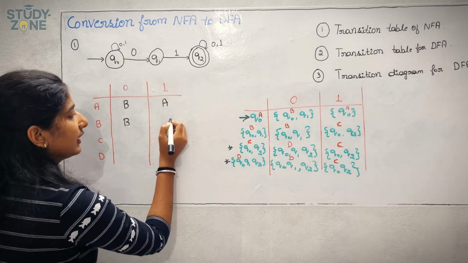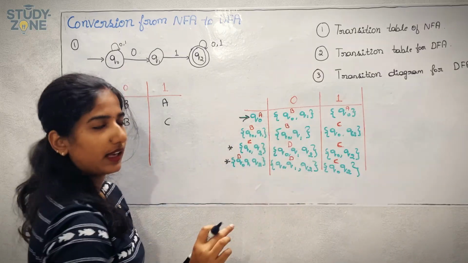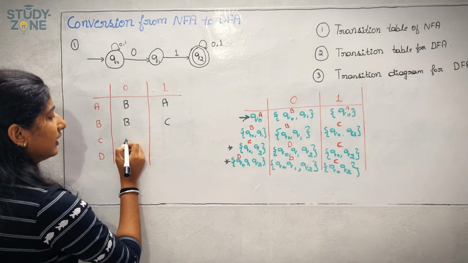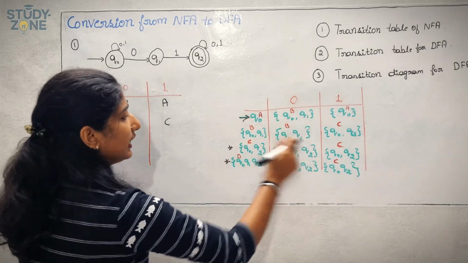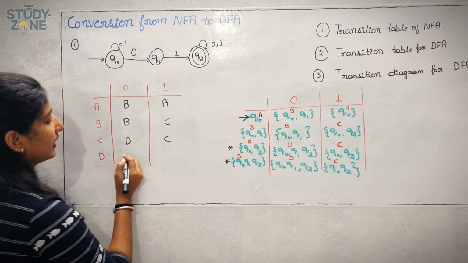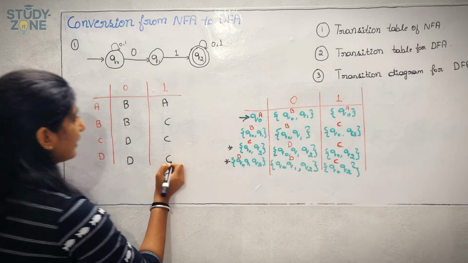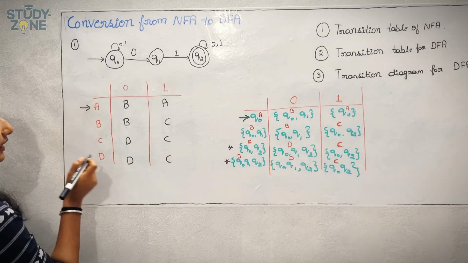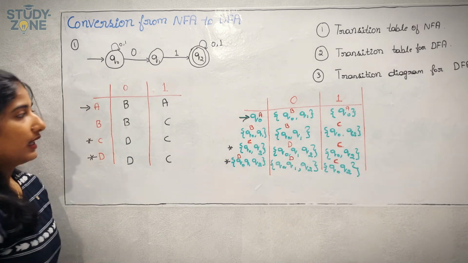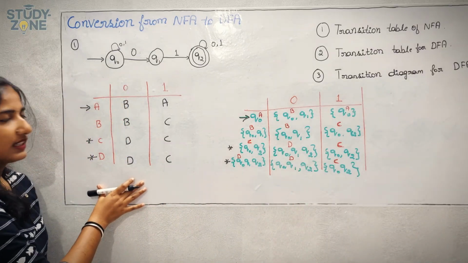We have to take the named thing here, okay, and B on 1, it will be there in C, and C on 0, it will be moving to D, and C on 1, it will be there in C only, and D on 0, it will be there in D only, and D on 1, it will be moving to C. A is the starting state, C and D are the final states. This is only for your reference. You can write from this directly.